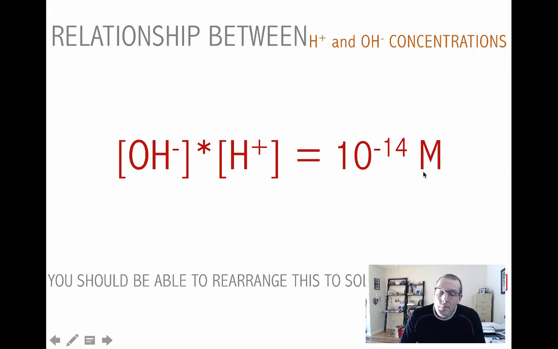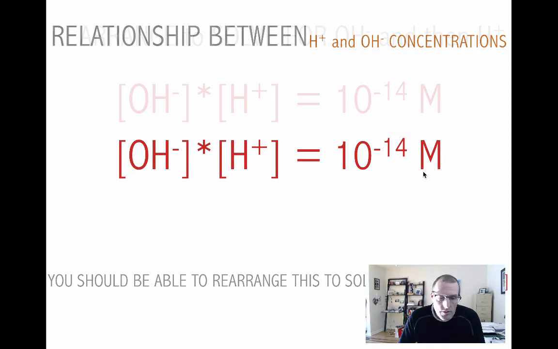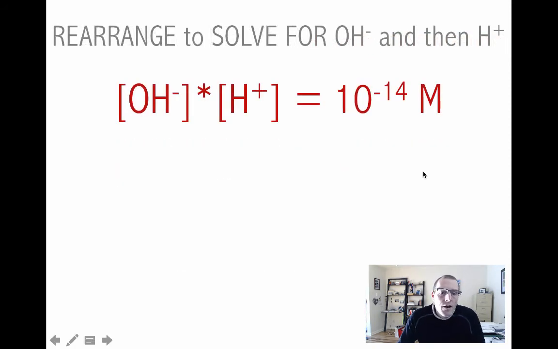So what is neat is that you can rearrange this equation to solve for the hydroxide ion concentration or for the proton concentration. As long as you've got OH- or H+, and you know that 10 to the minus 14 is always going to be the product, you can rearrange this equation to solve for the thing you're missing.